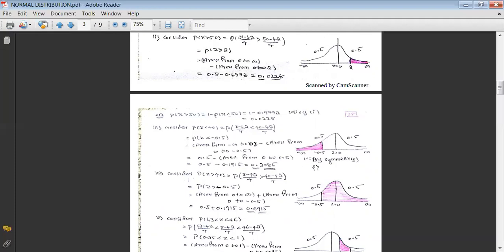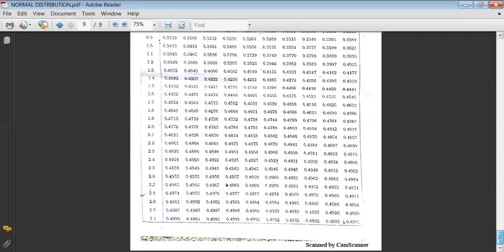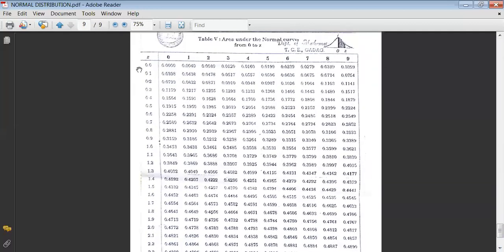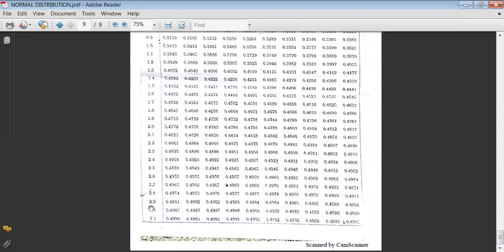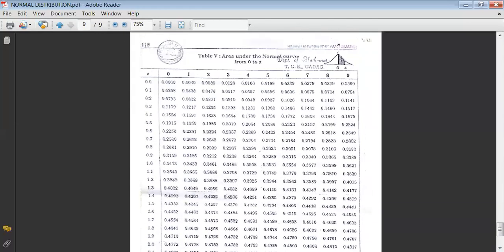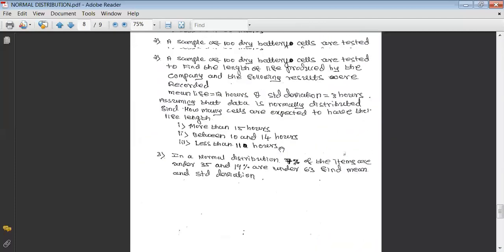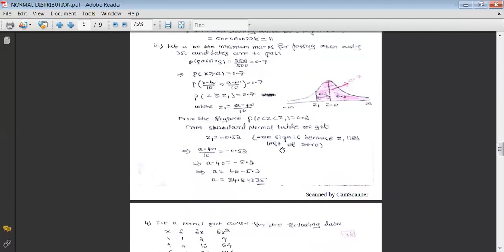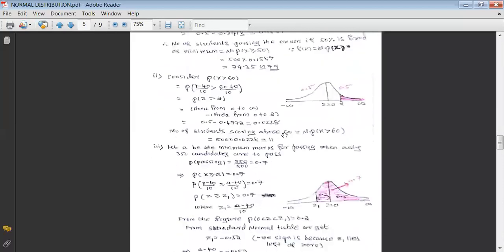Now, you should be very careful: here it is minus 0.5. The standard normal table will not have any negative values. We cannot read for a negative value of z. Then the next question is, how can we do that? As we know, the curve is symmetric.